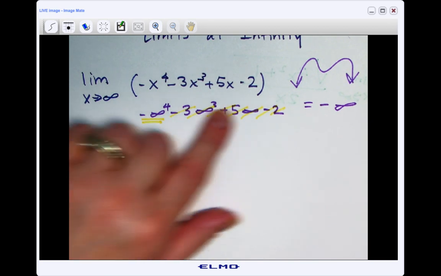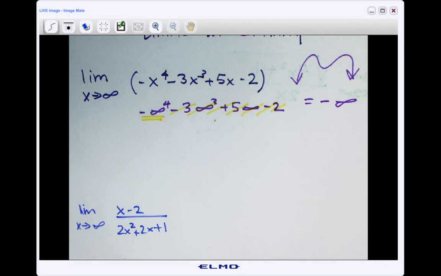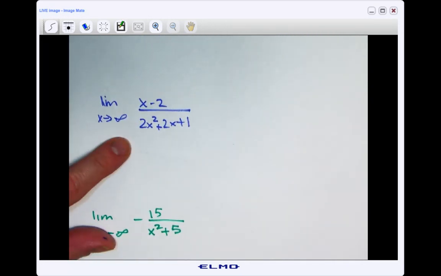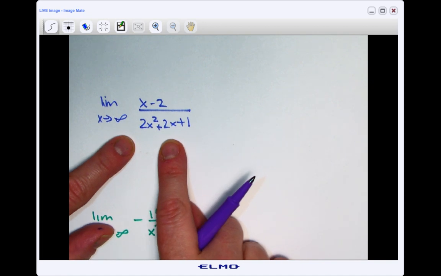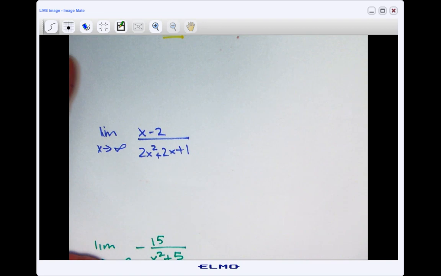Okay, so for polynomials, or those functions that you kind of know what they look like, you can think about their end behaviors. Now, the next one we're going to look at is a rational function. And again, you've done this activity with rational functions, where you've thought about what happens when x gets really, really huge. In this case, it's like the activity you've done with horizontal asymptotes.